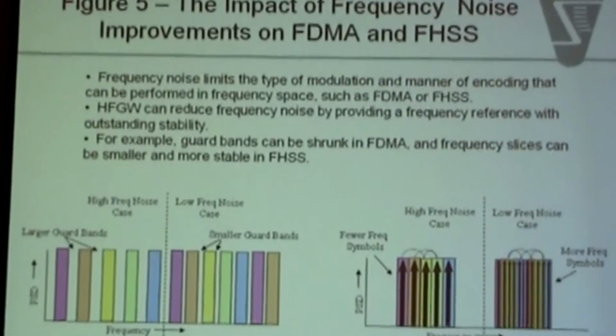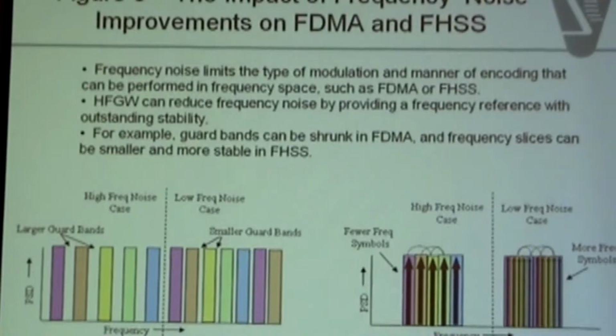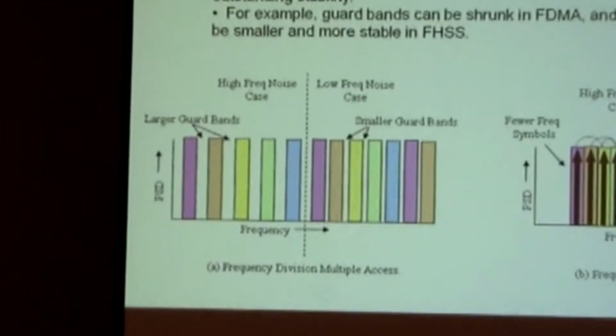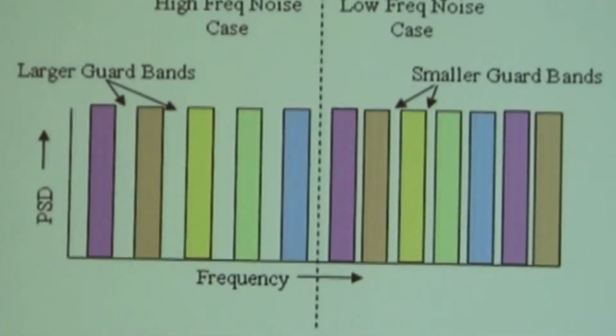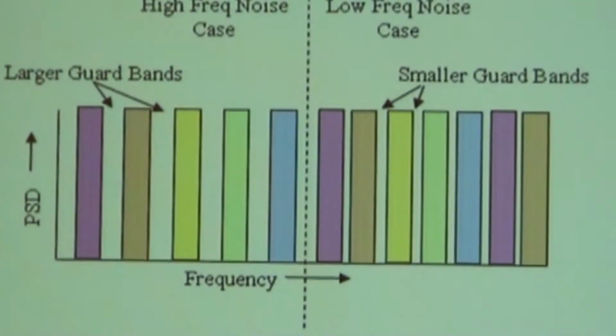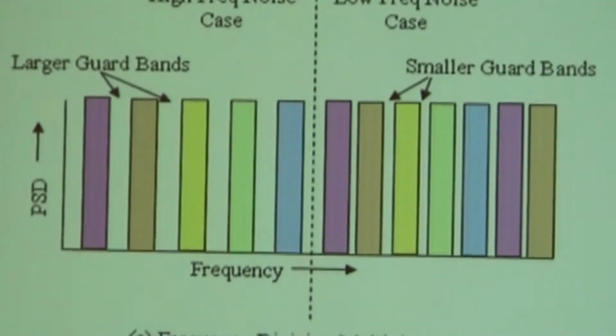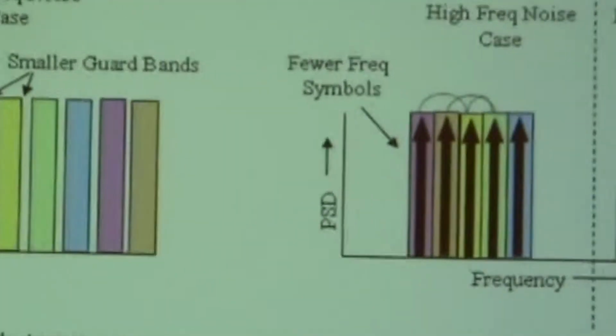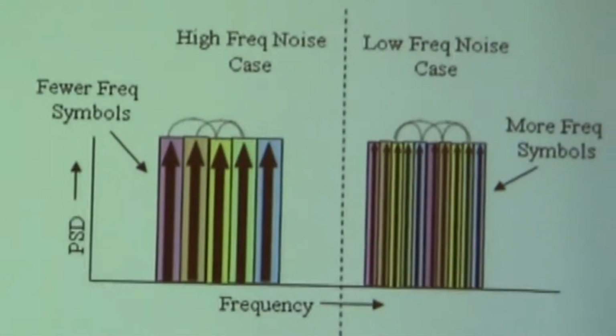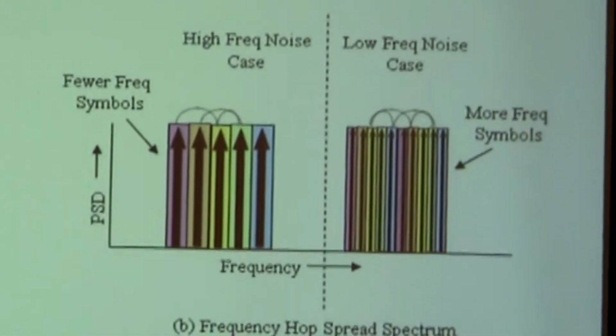Likewise, there are other encoding techniques that don't use phase shift keying, such as frequency division multiple access and frequency hopping spread spectrum, in which the frequencies are used as a code.